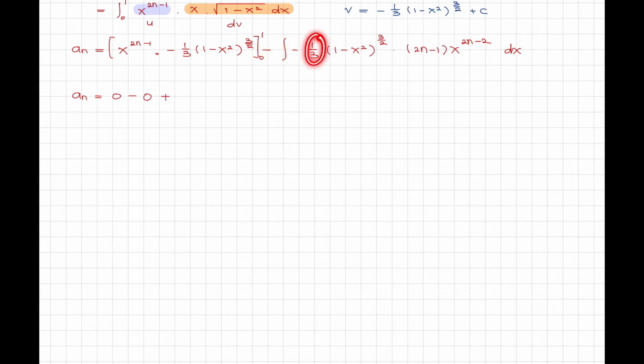1 over 3, I will move it outside the integration sign. Integration of this thing: 2n minus 1 times x to the power of 2n minus 2 times 1 minus x squared to the power of 3 over 2 dx.